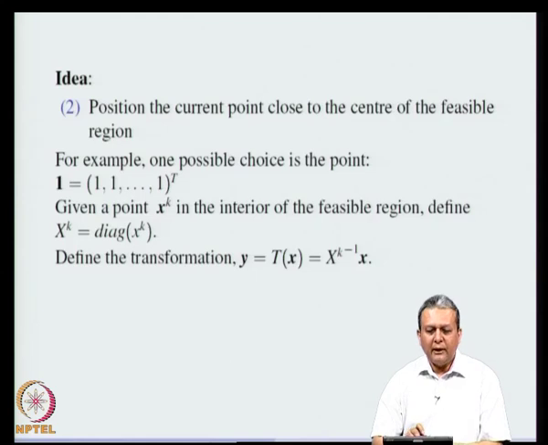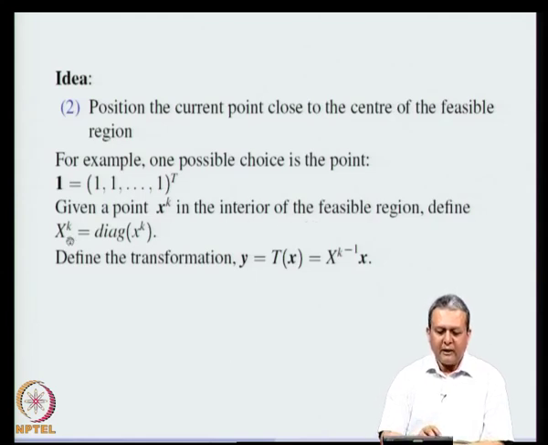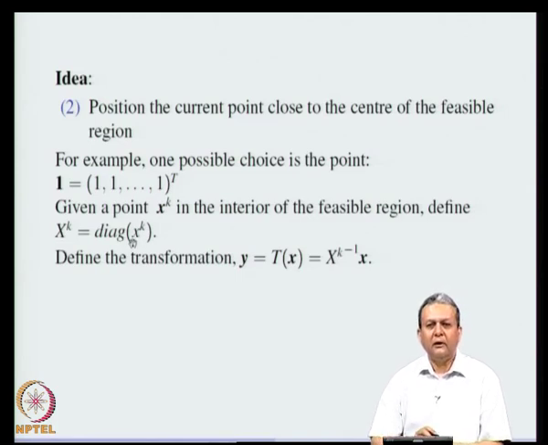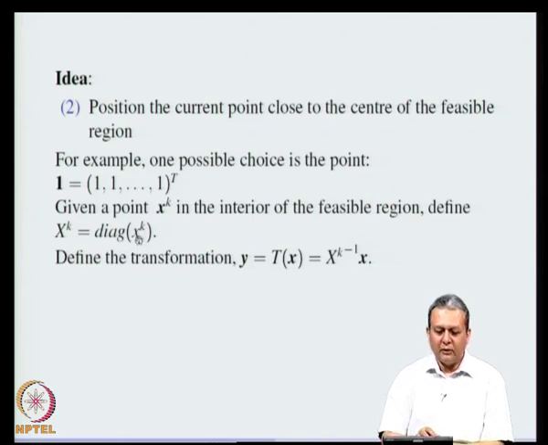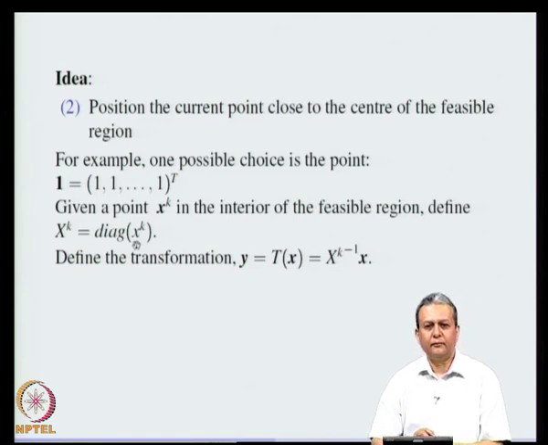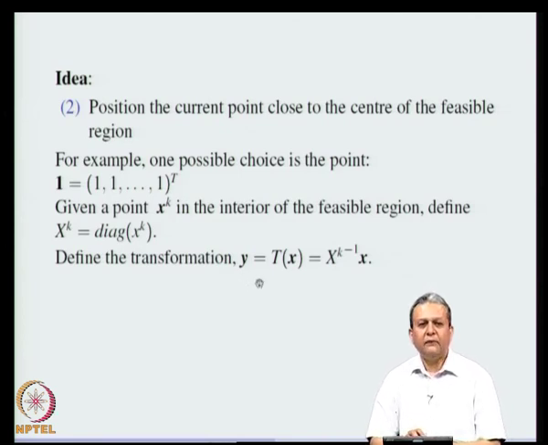So, if we are given a point x k in the interior of the feasible region in the x space, let us define a matrix X k to have a diagonal structure where each entry in the diagonal represents one of the components of the vector x k. Having defined the matrix, let us define the transformation y equal to T of x, where T of x is nothing but X k inverse x.